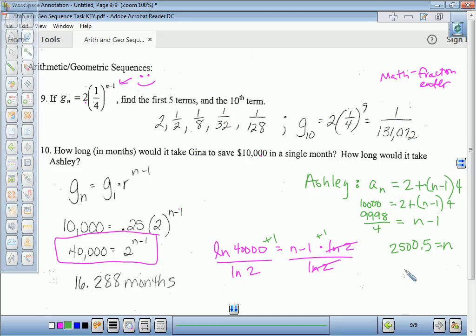Yeah, Ashley would take a little longer. So Ashley may have to count on her grandchildren helping her out with that.